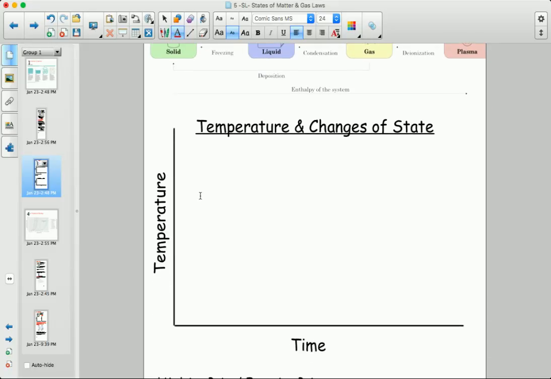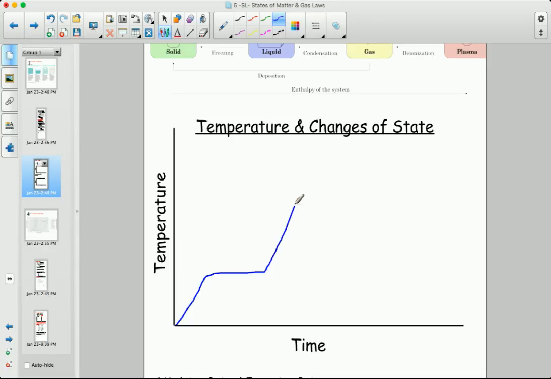If we're thinking about temperature changes during changes of state, it's pretty interesting that when you have a solid, you can warm a solid up. But then if you start to melt a solid, the temperature of that melting solid actually will plateau during the phase change. And then once it's all liquid, it will warm up again until it begins to boil.